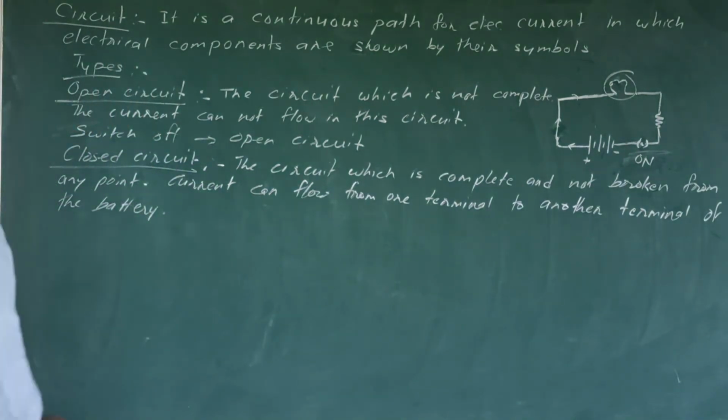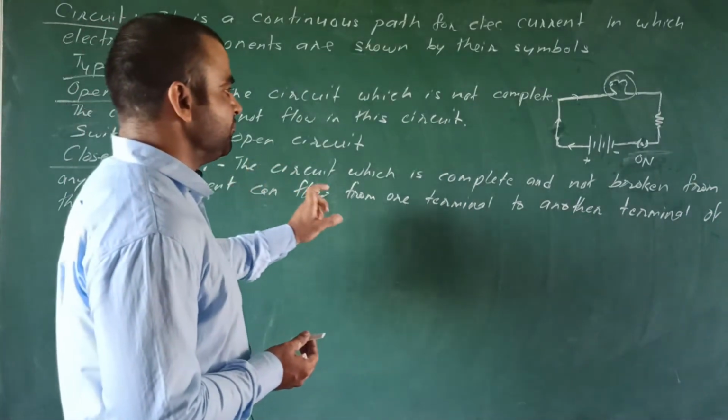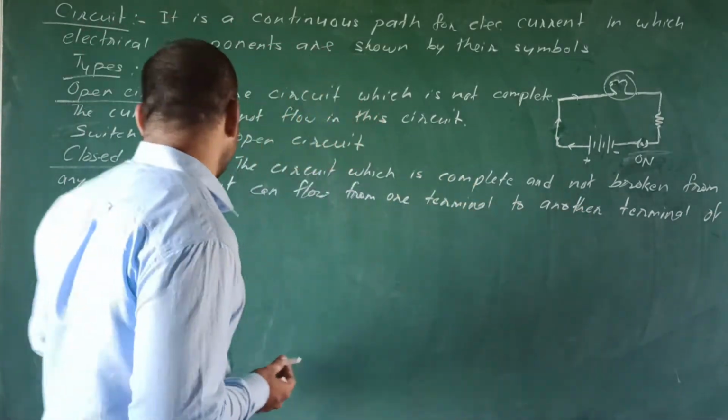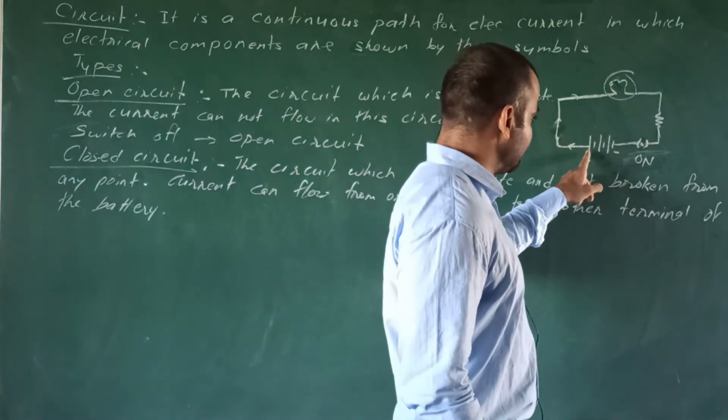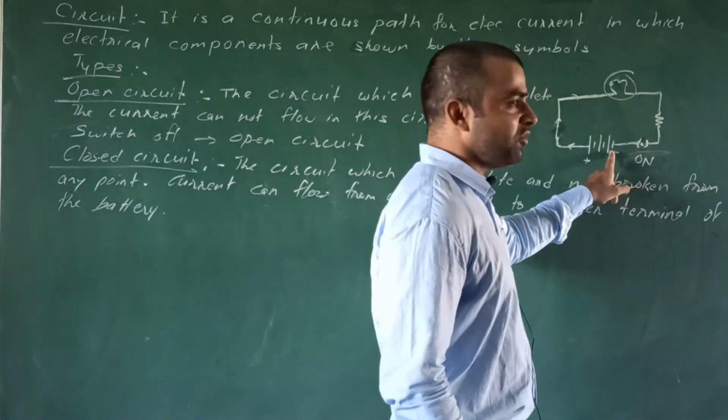Is it clear? A closed circuit is complete and not broken from any point, and current can pass from one terminal of the battery to the other terminal.